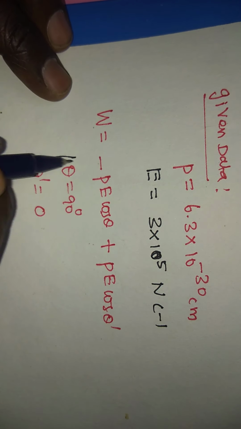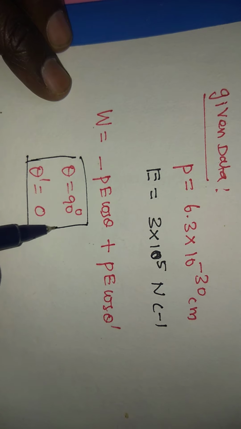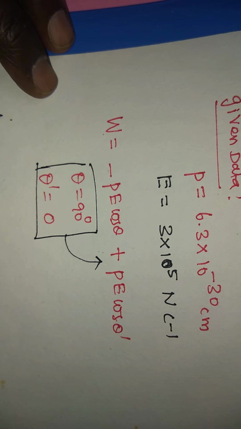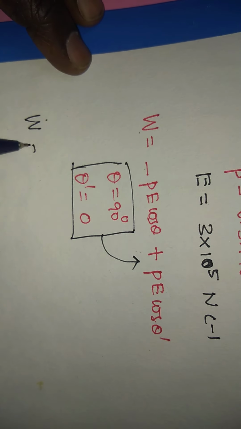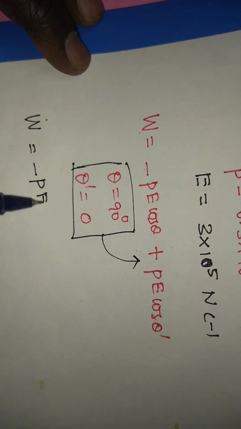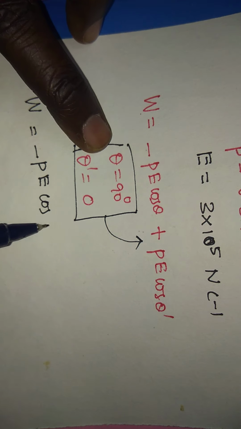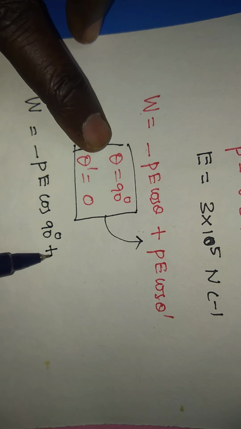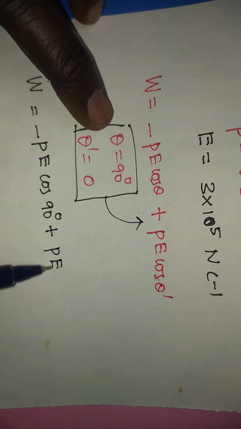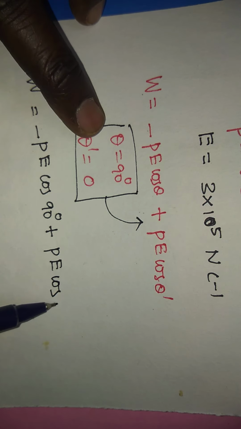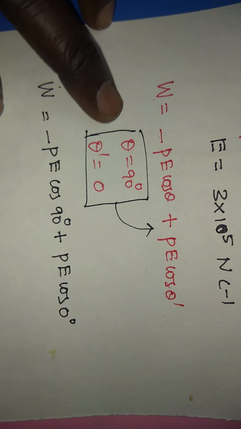You can substitute the theta value here. W is equal to minus PE cos 90 degree plus PE cos 0 degree.